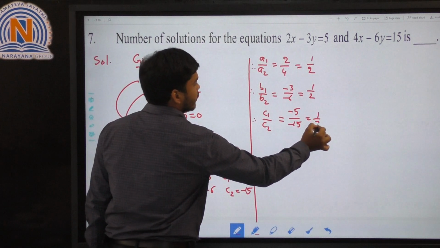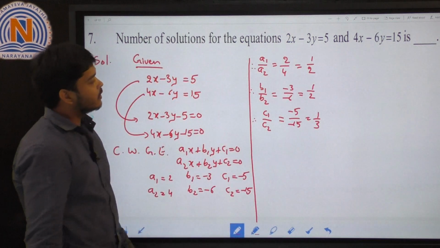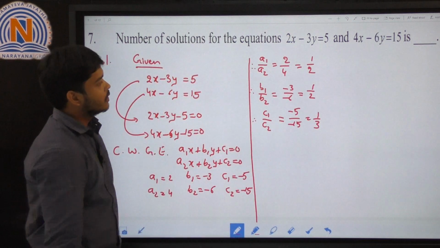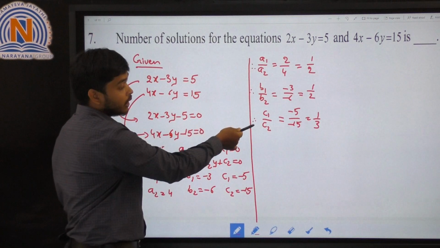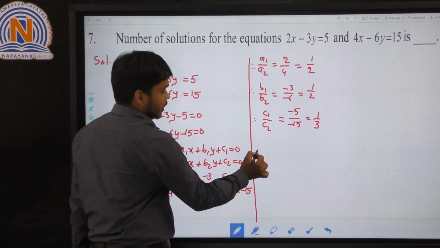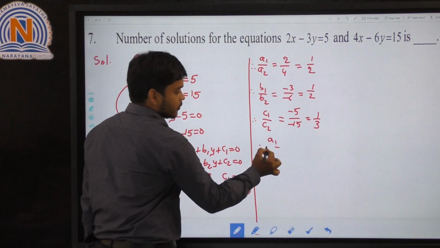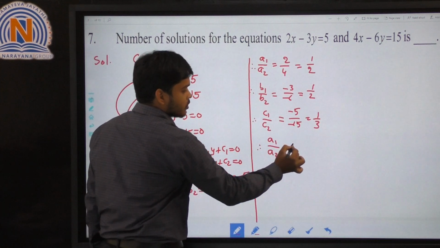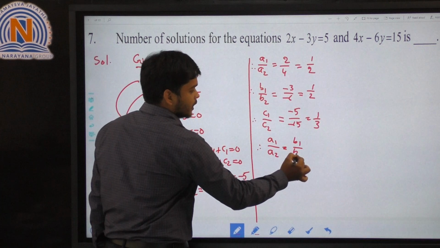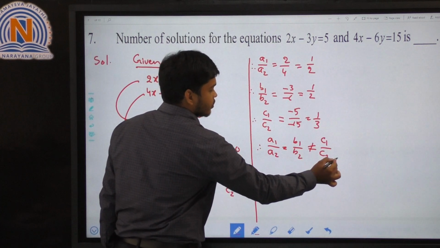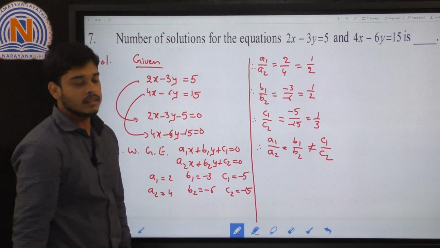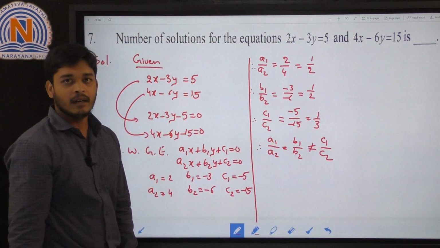So 1 by 3. See children, here if you observe these ratio of coefficients, then a1 by a2 is equals to b1 by b2, which is not equals to c1 by c2. Then what kind of lines? This condition is for parallel lines.